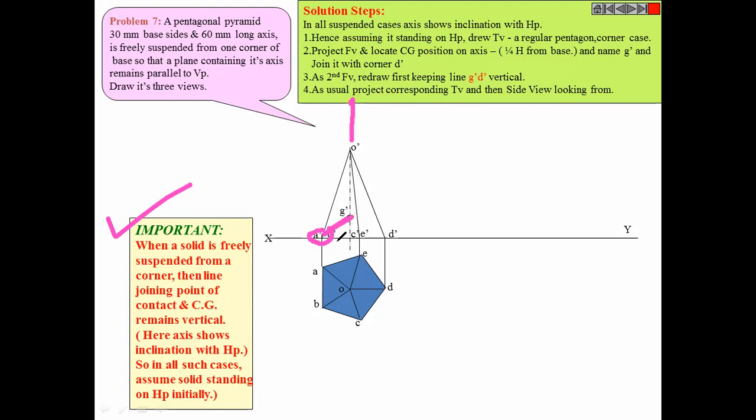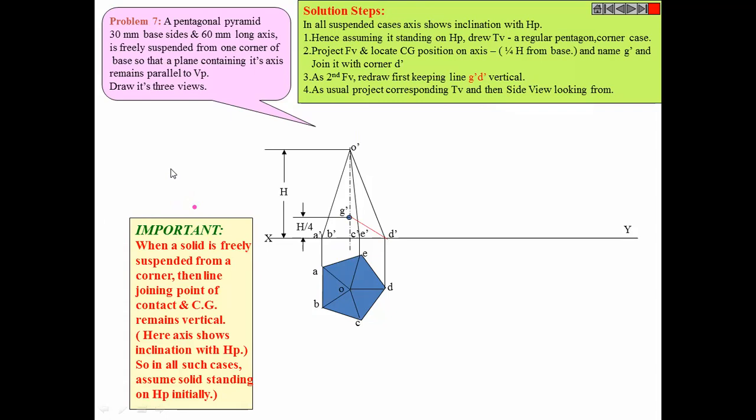We have to lift it such that it is just contacting this point. It will be much clearer after seeing this problem. So this is h by 4 and this is total h, that is the axis.